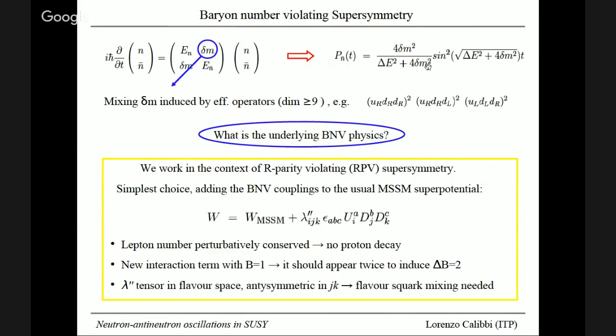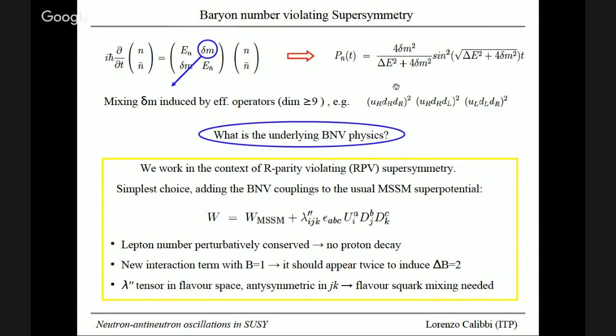So as you can see, this probability gets suppressed by this delta E, which is the energy difference of the neutron and anti-neutron states.